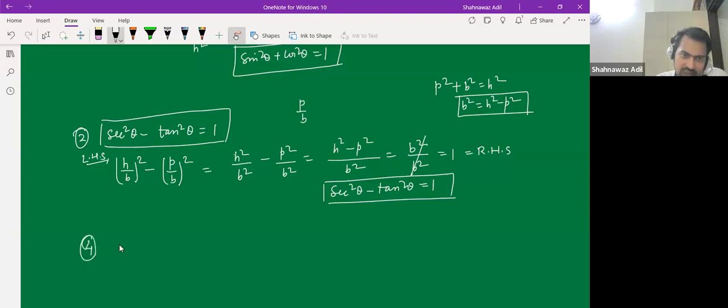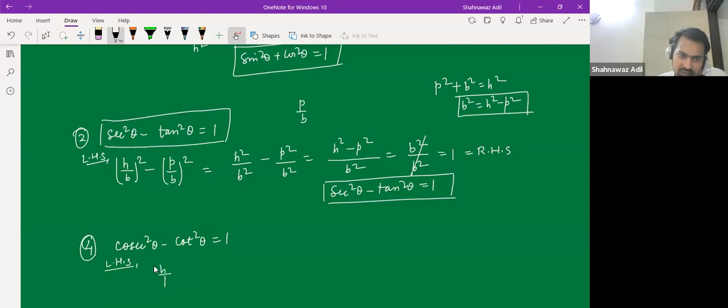And the last one which we will need is this one: cosec square theta minus cot square theta equals 1. So again, take the LHS. Cosec theta is what?